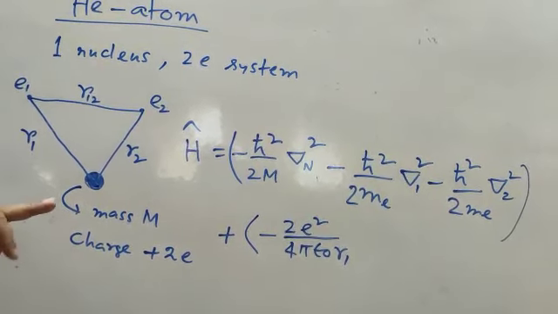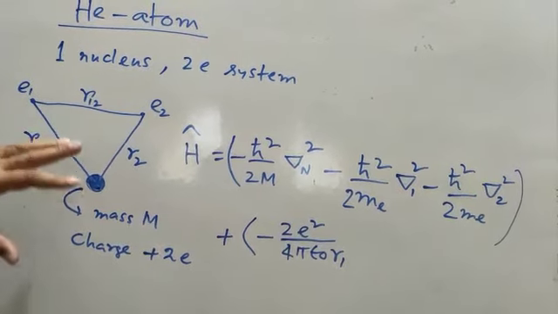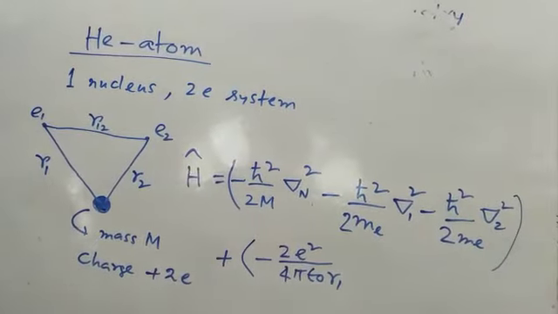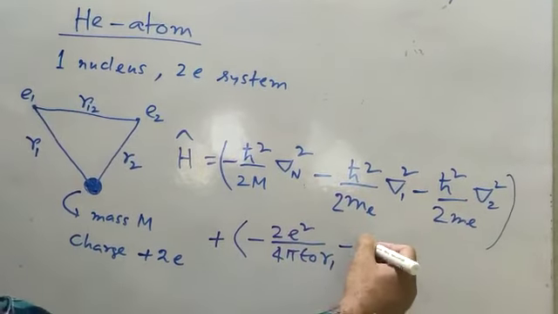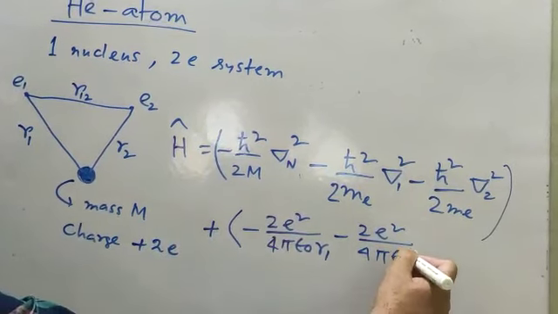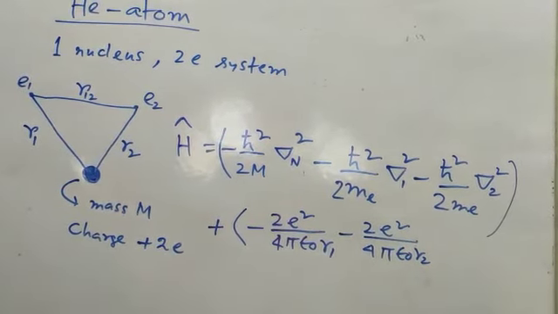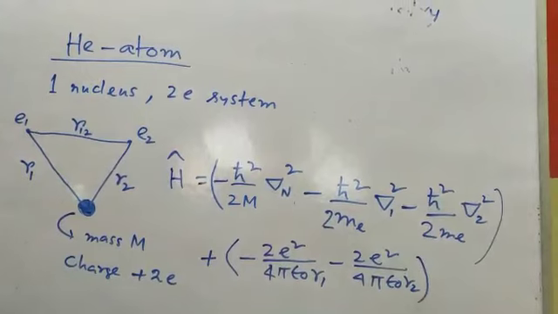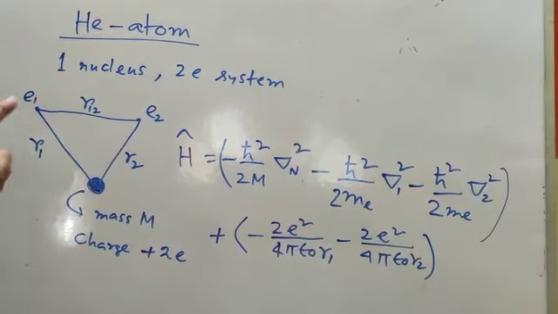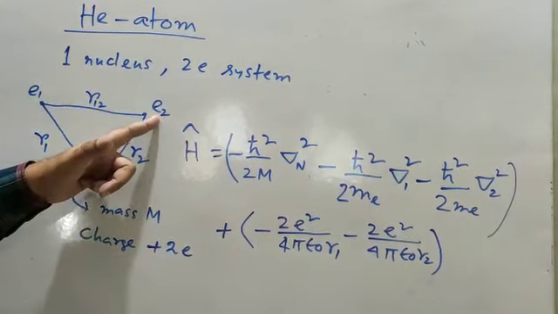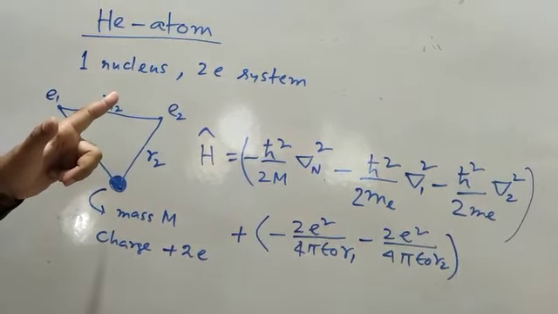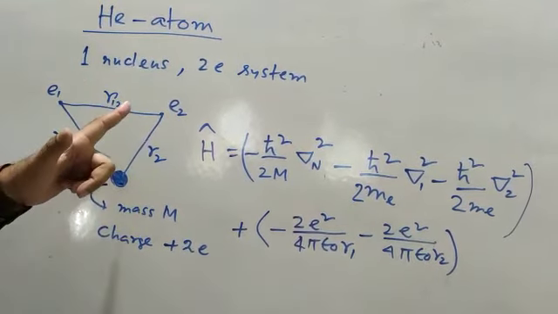And now we write the interaction between the nucleus and electron 2, which is also attractive in nature. So it also gives minus 2 e square by 4 pi epsilon 0 R2. And there will be another term, that means the potential energy of interaction between the two electrons, and as it is repulsive in nature, the sign will be positive.